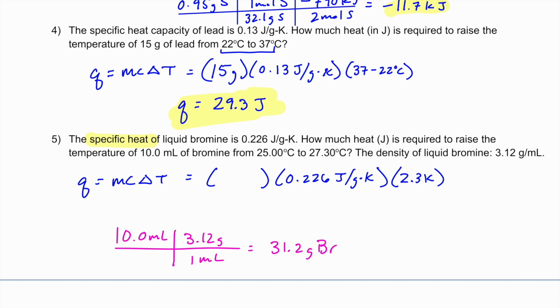I have 31.2 grams of bromine. So that is going to go right there. And now it's done. All right? My mass times my specific heat times my change in temp. And I get 16.2 joules.